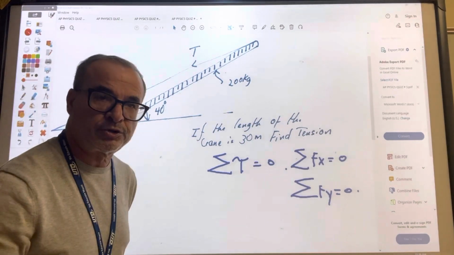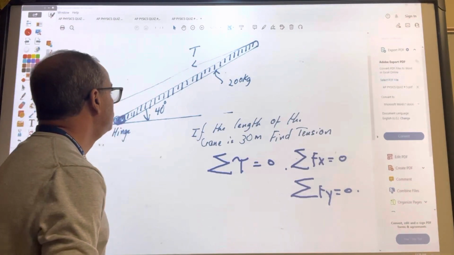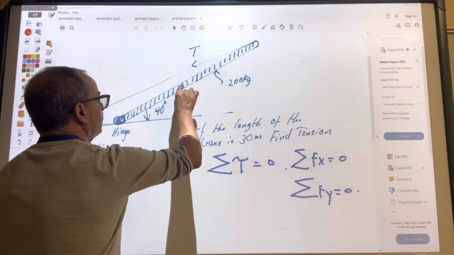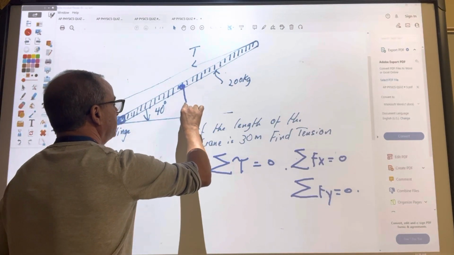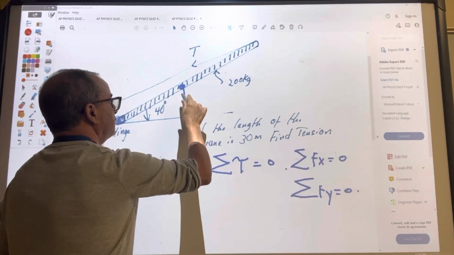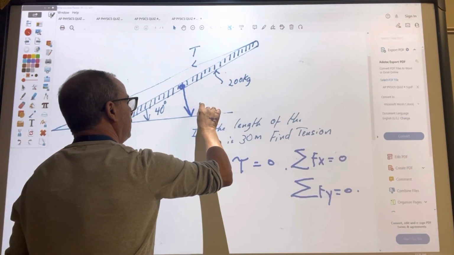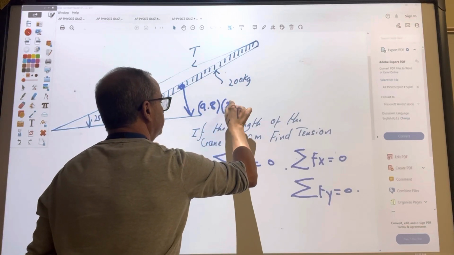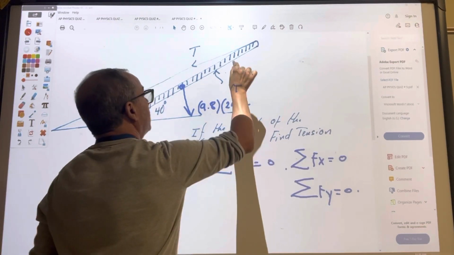First of all, what forces do we have here? You have the mg of the crane. It's in the middle, always in the center, so it's going to be 9.8 times 200. And tension.